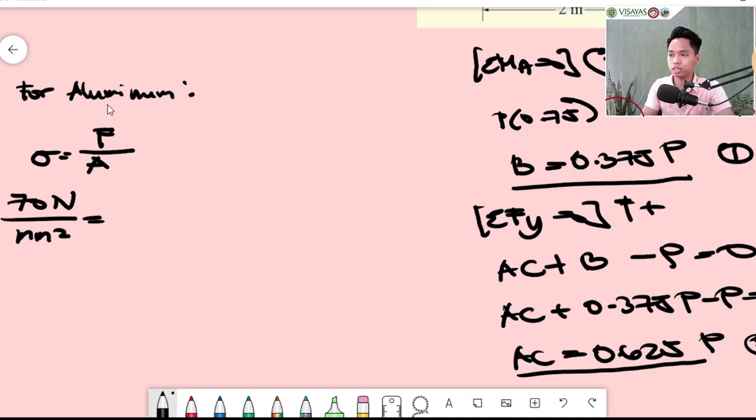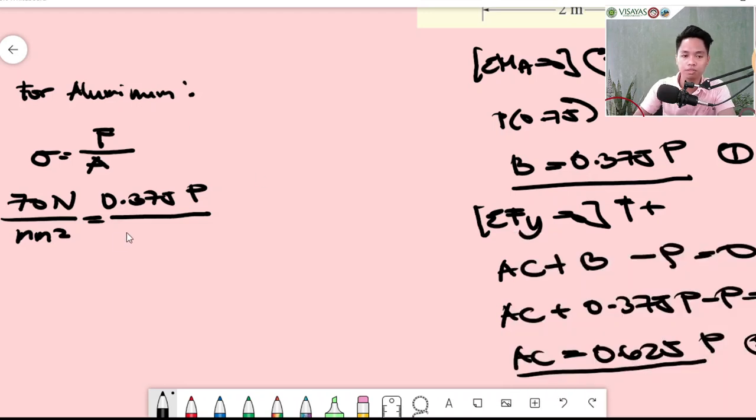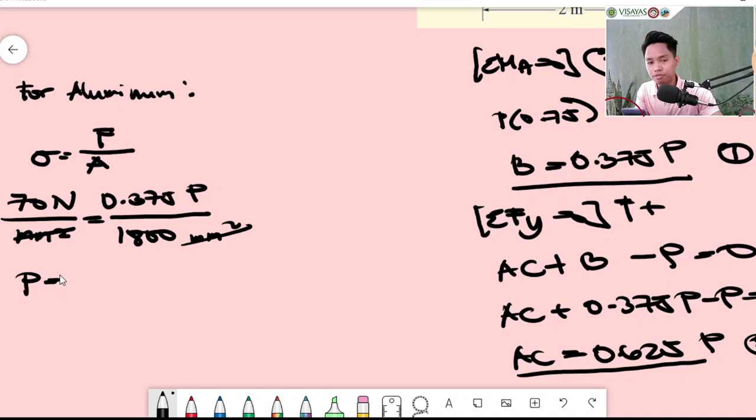What is the given force at the aluminum? That would be 0.375 P over. What is the area of the aluminum? The area of the aluminum block is 1,800 mm squared. Therefore, makancel si mm squared. So, what would be the value of our P? That would be 70 multiplied by 1,800 divided by 0.375. Ako na siya i-diretso, that would be 336 kilo Newton. Okay, so di pa na siya mao final answer. Kaya wala pa na to ma-determine ang uban.